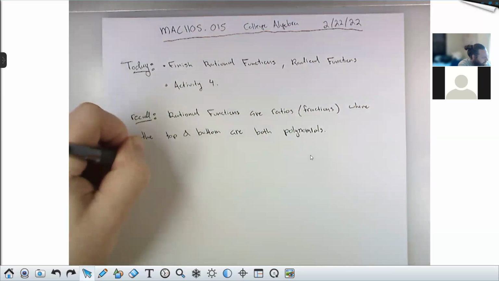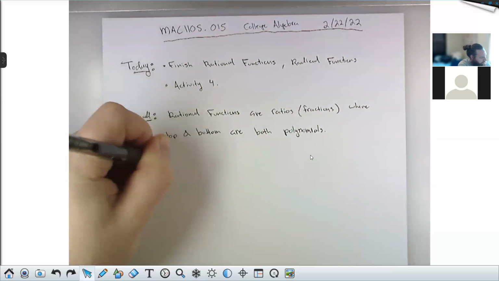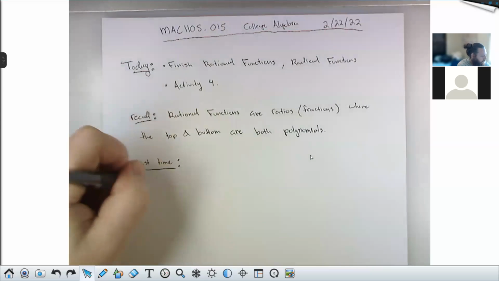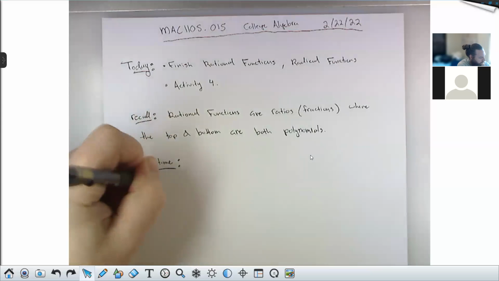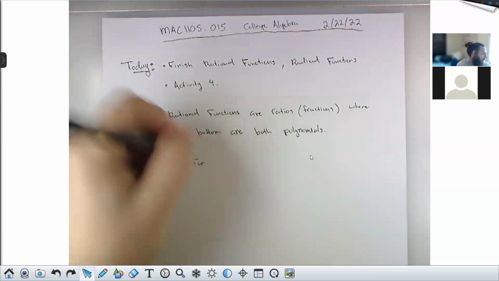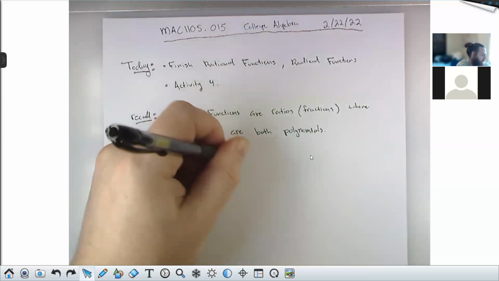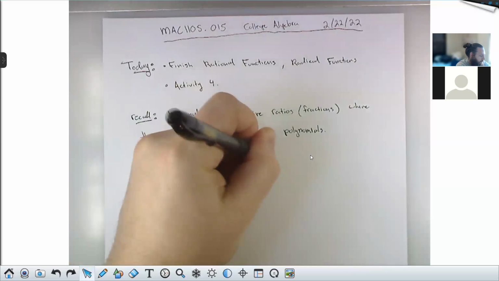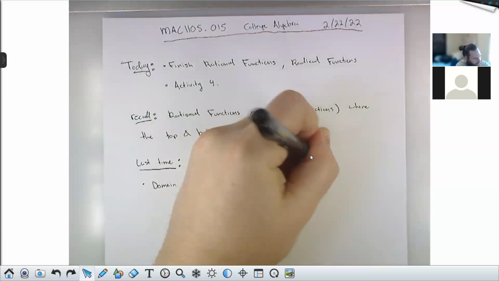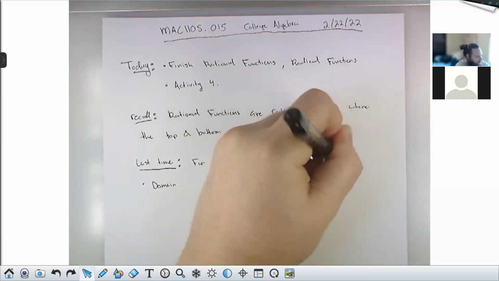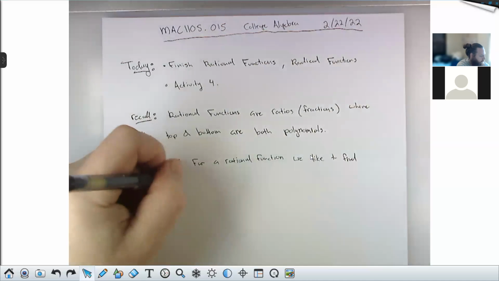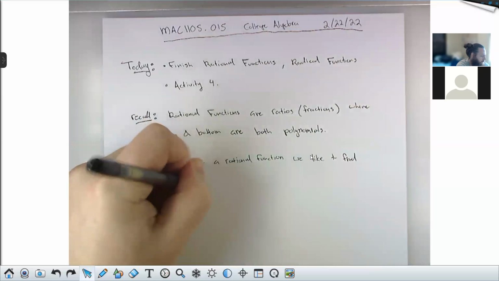Last time, we talked about how to find the domain. So for a rational function, we like to find the domain, and we said how we're going to do this. You're going to set the bottom equal to 0.